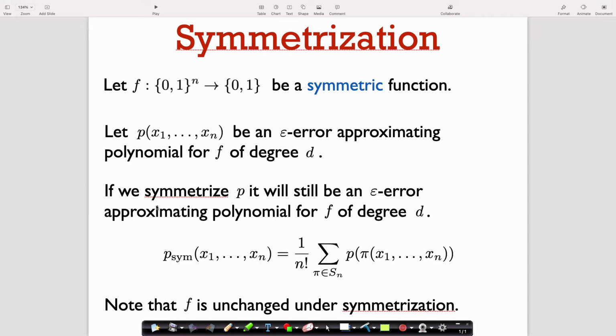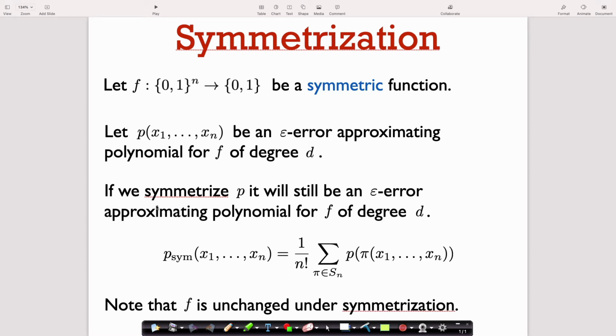And today I'm going to tell you a little bit about how that works, at least how the lower bound works. Okay, so let's say we have a function f on n-bit strings and that it's a symmetric function. And let's say that p is an epsilon error approximating polynomial for f, and that p has degree d.